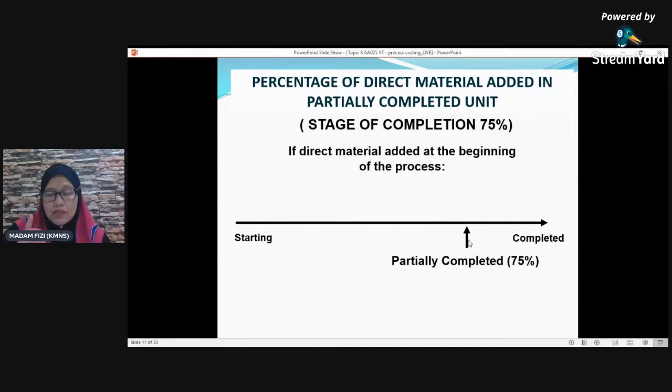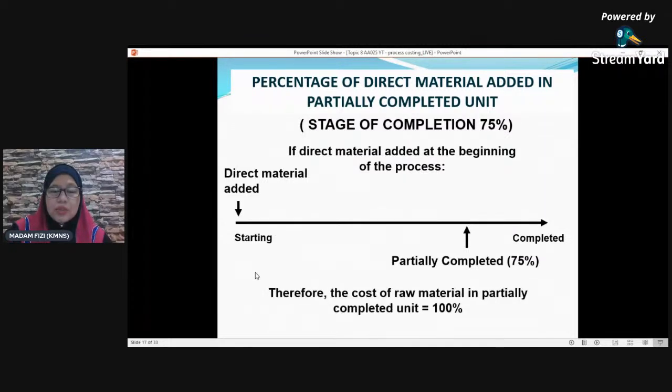Partially completed 75%. If the direct material is added at the beginning of the process, beginning tu dekat starting, dekat sini kita letak bahan mentah, the direct material added. So what happened to how to calculate the direct material? Therefore, the cost of raw material in partially completed unit equals to 100%.